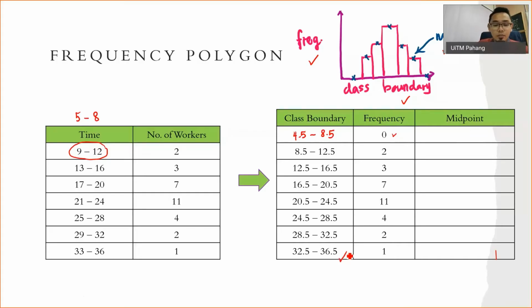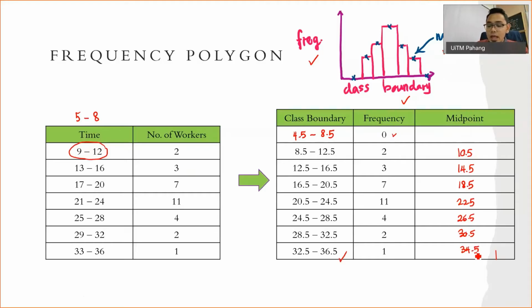So how to find the midpoint: the number which is between 9 and 12 should be 10.5. Sorry, that one is for this one, 10.5, and then that one should be 14.5, 18.5, 22.5, and then you have 26.5, 30.5, and 34.5.